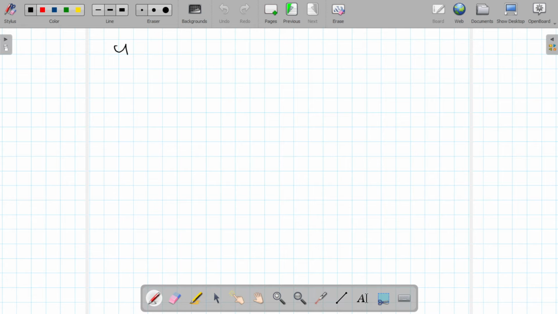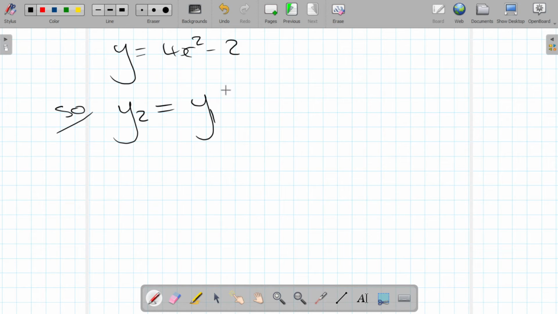So we know that y equals 4x squared minus 2. Let's check we've got that right. Yeah, we have. So y2, the second linearly independent solution, is equal to y1.